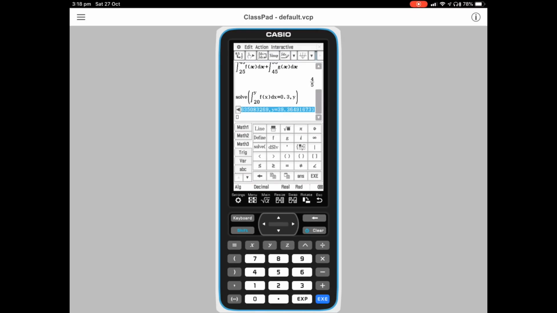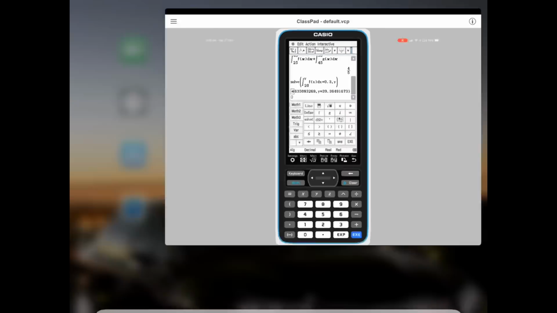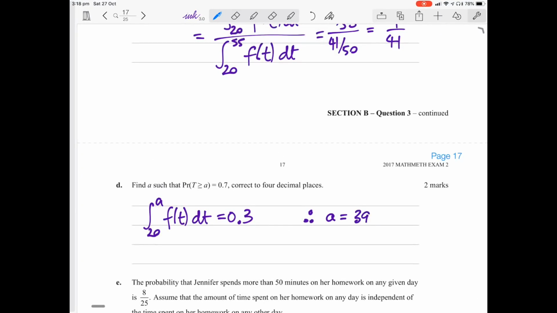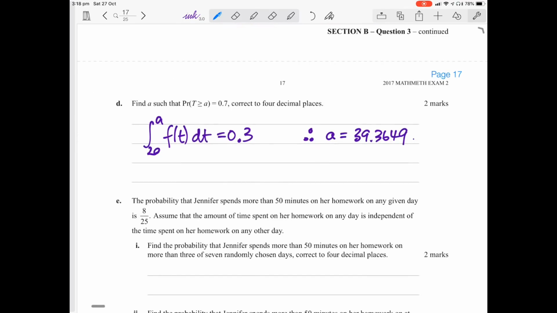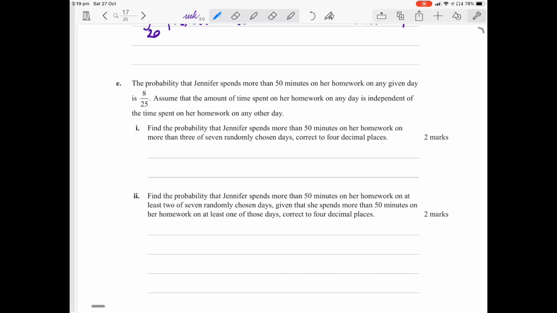So a is equal to 39.3649, and if a is equal to that, then the probability t is greater than a is 0.7.